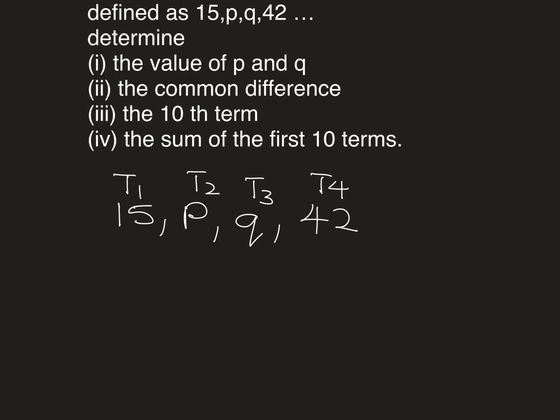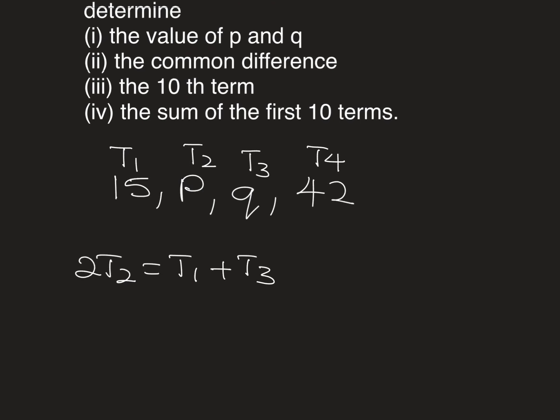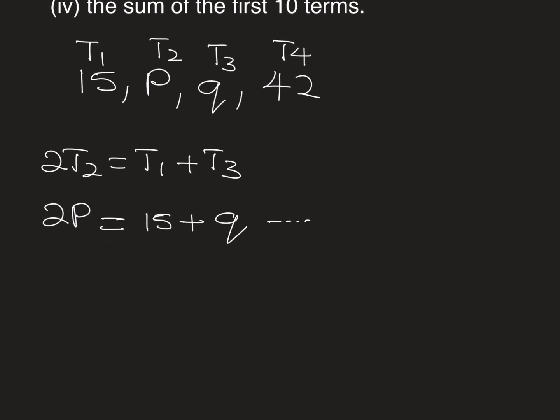That is to say, for T2 that is in between T1 and T3, it means twice T2 is equal to T1 plus T3. And what is T2? T2 is P. So we're going to say twice P is equal to T1, which is 15, plus T3, which is Q. So this can be equation 1.